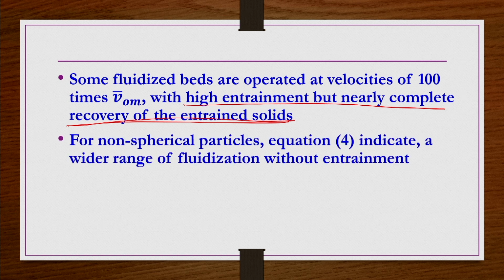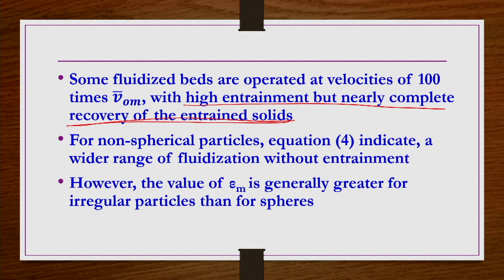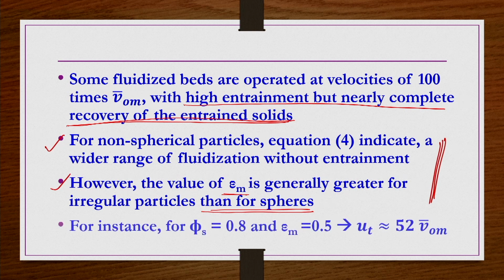For non-spherical particles, the equation 4 that we developed indicated a wider range of fluidization without any entrainment. However, the value of epsilon m is generally greater for irregular particles than for spheres. These two points are in general from experimental observations.